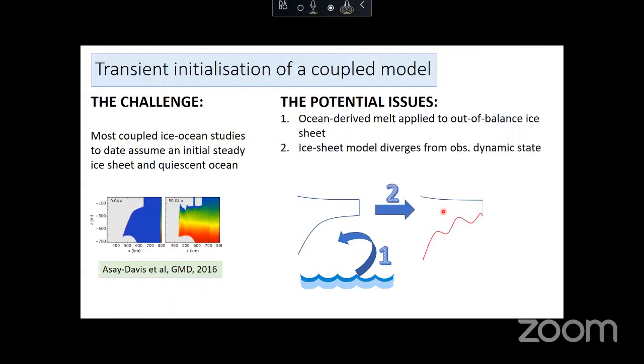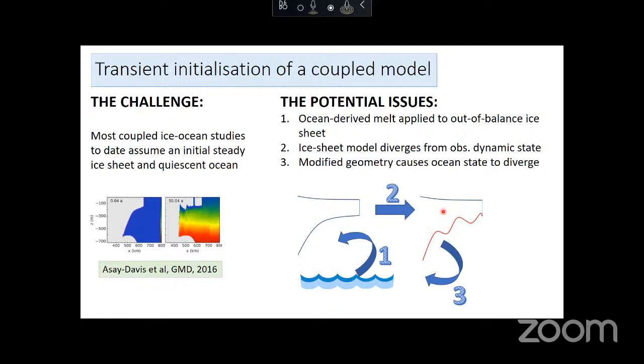This could lead to a change in the ice shelf cavity geometry that's not realistic, causing the ocean model to do non-realistic things, which would then feed back on the ice model, causing it to do more non-realistic things. I guess the emphasis here is that these are two components of modeling the climate that are moderately understood at best. And then there are interactions between the two that we don't really understand yet.